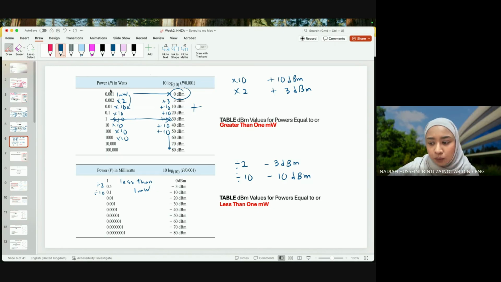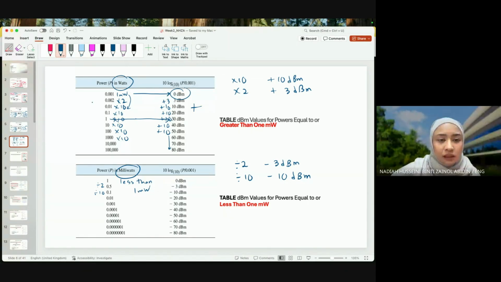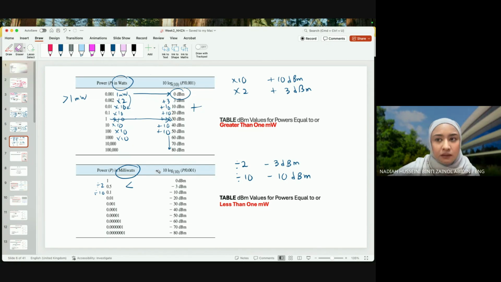Less than 1 milliwatt. There's a difference here. This is milliwatt. Oh, milliwatt. Baru nampak. Less than 1 milliwatt, yang ni above 1 milliwatt. So the definition. Dia punya tengah-tengah tu dekat milliwatt lah kan? Yes. For gain and attenuation, the baseline was 1, right? Here it's 1 milliwatt.